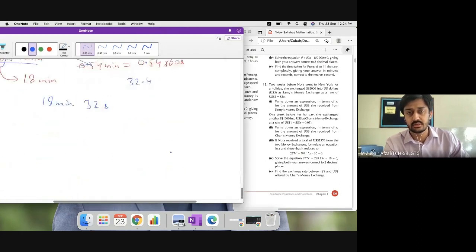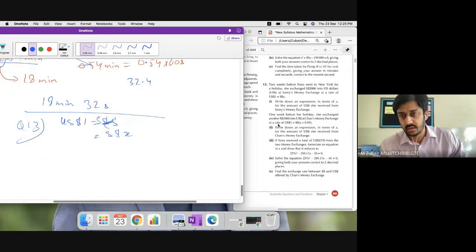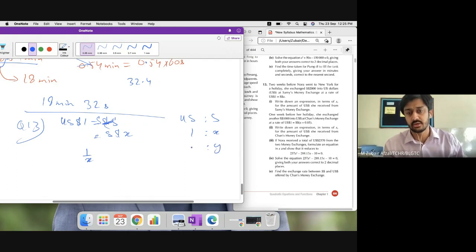Already given है. This is question 13, and you have US dollar 1 is equals to Singaporean dollar X. Write down an expression in terms of X for the amount of US dollars she receives from, so straight away it is 1 over X. If she is giving 1 Singaporean dollar, US ratio Singapore, when you give 1, you get X. So whatever dollars she's giving, she'll get this.